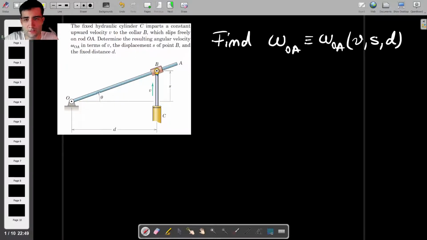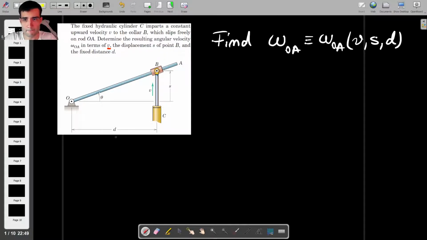So we've got this rod OA, right? And then you've also got a hydraulic cylinder that's labeled as C. And at the end of this piston connected to the hydraulic cylinder, there's a collar, which is denoted as B. And B has a vertical velocity that's given to us as just V. So we don't have any numbers in the question.